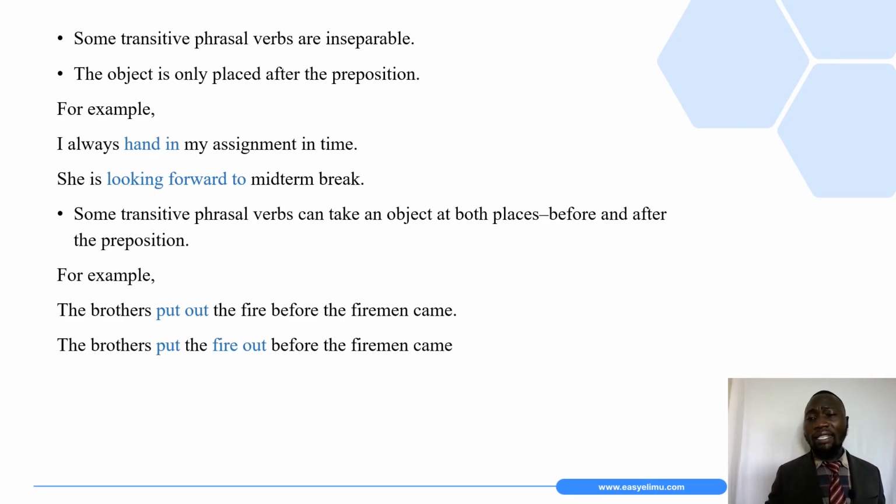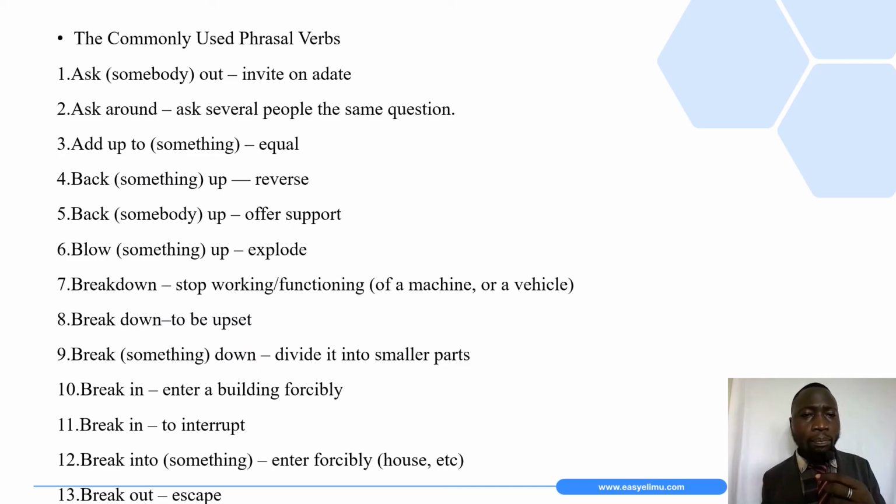So here are a few examples that we can study to help us understand some of the most commonly used phrasal verbs better. The first one we have is ask somebody out, which means to invite on a date. Ask around means to ask several people the same question. Add up to something means to equal. Back something up, to reverse.